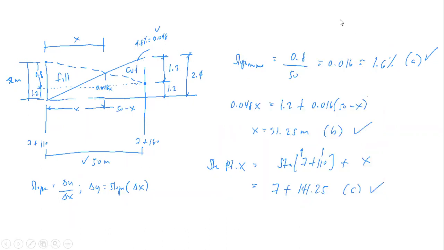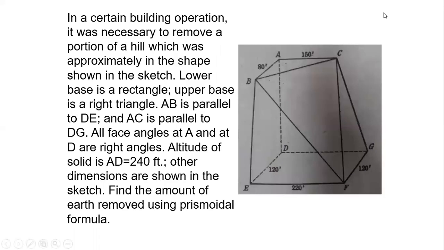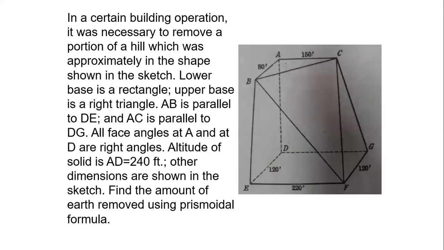Okay, so last example. Let me clear this first. We need to apply the prismoidal formula from earlier. In certain building operations, it is necessary to remove a portion of a hill which was approximately in the shape shown in the sketch. Given this figure, the lower base is a rectangle.